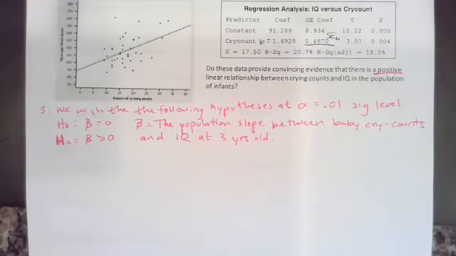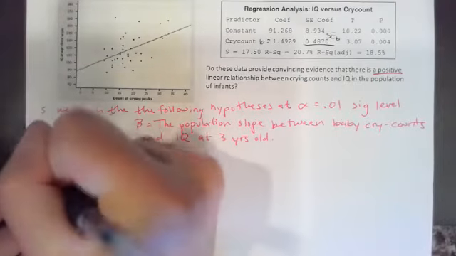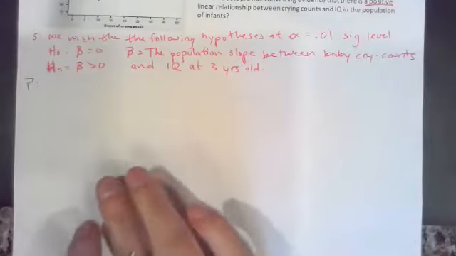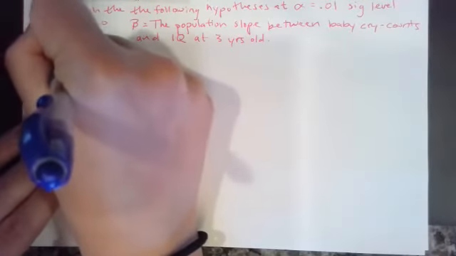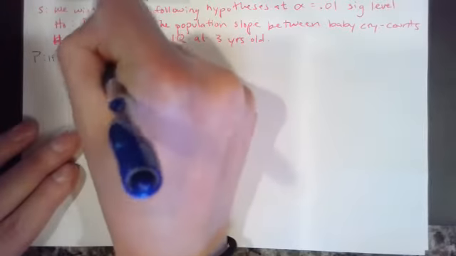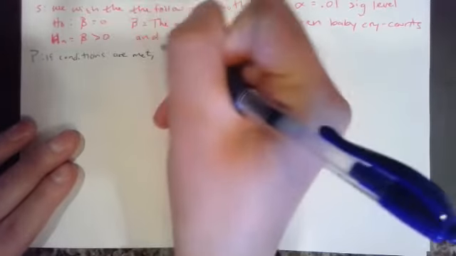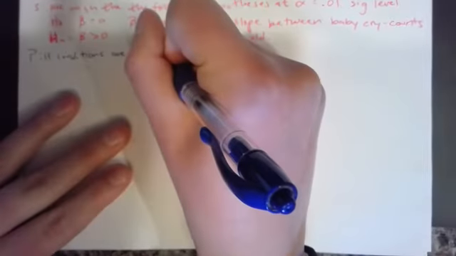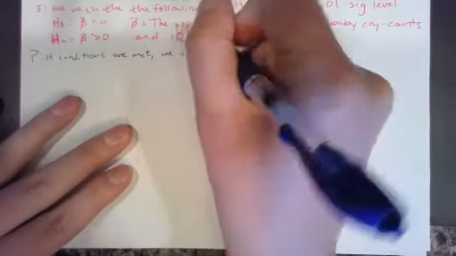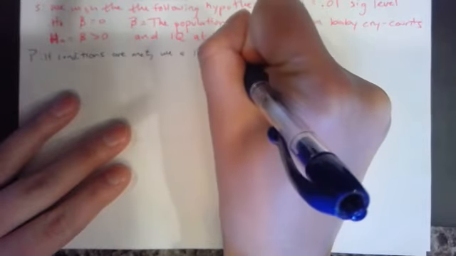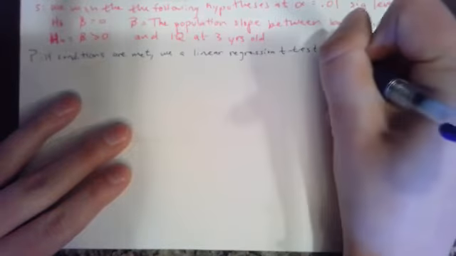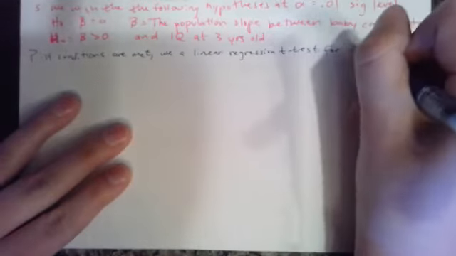Okay, so let's go ahead now and plan. If conditions are met, we will perform a linear regression t-test for beta, or you could just say slope.